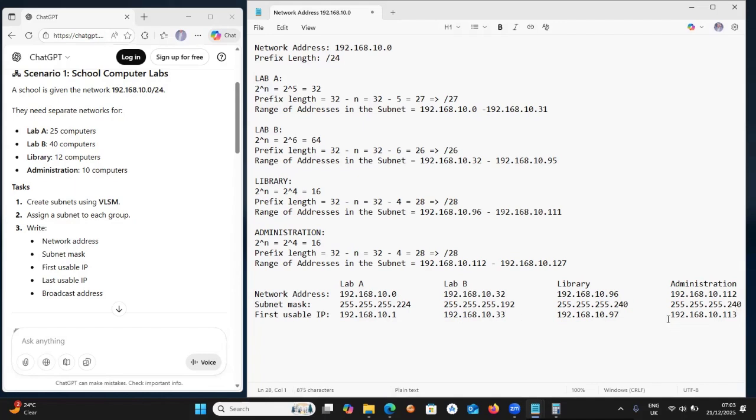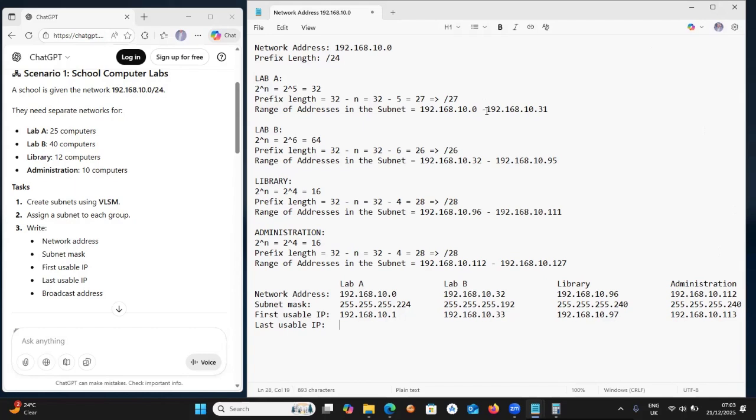Now, for the last usable IP, don't forget that I already mentioned that the last address in the subnet is the broadcast address.